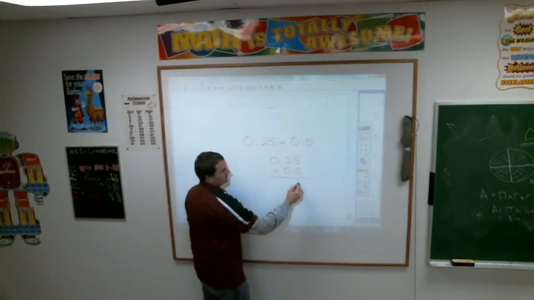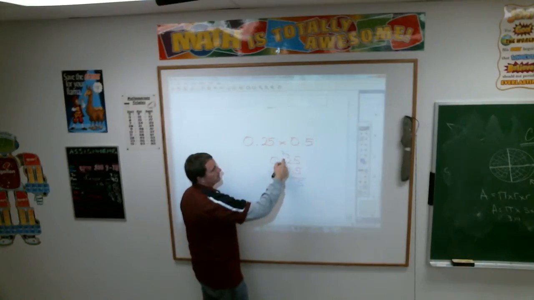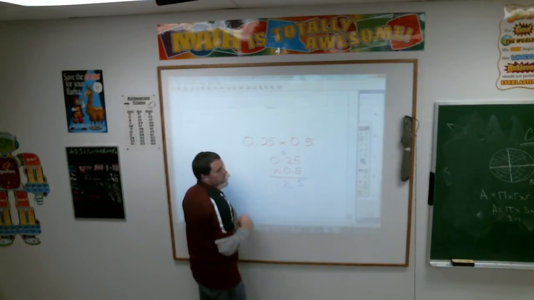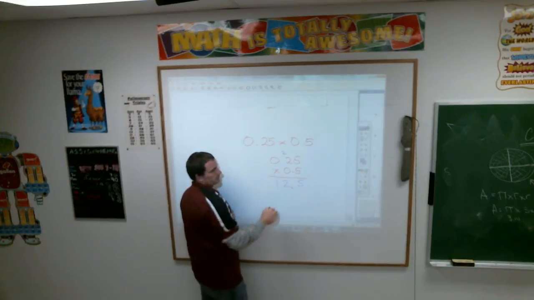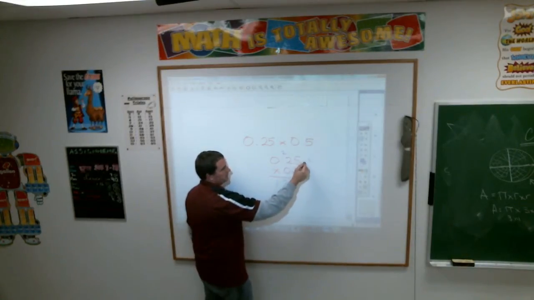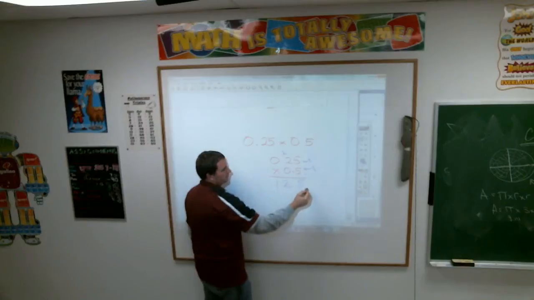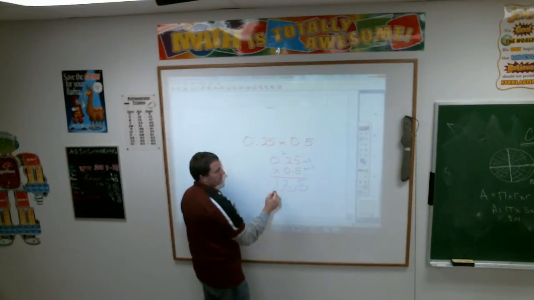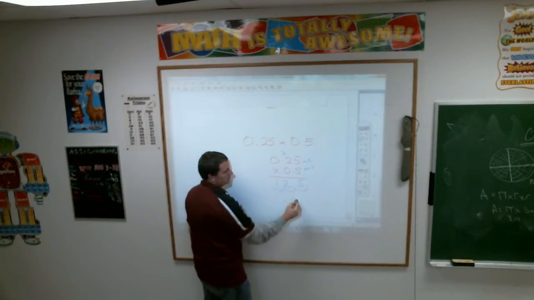5 times 5 is 25. Carry the 2. 10 plus 2 is 12. So 2 places there, one place there for 3, so I go 1, 2, 3 places, so it's 0.125.